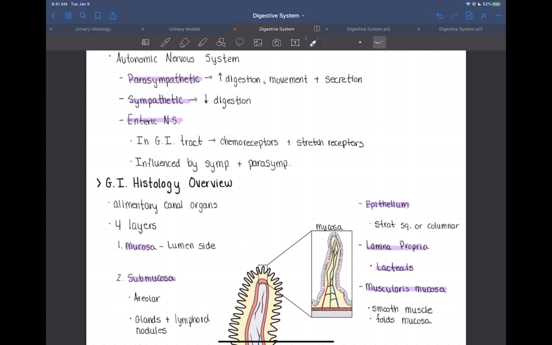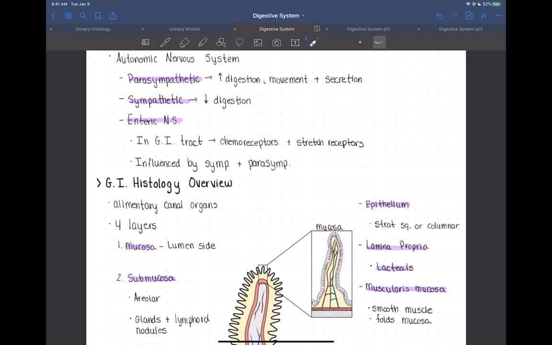It consists of different chemoreceptors and stretch receptors in the different organs that stimulate digestion in response. So if the stomach, for example, is stretched because food has entered it, those stretch receptors can detect that and initiate digestion. This system, the enteric nervous system, can be influenced by the parasympathetic and sympathetic nervous systems.